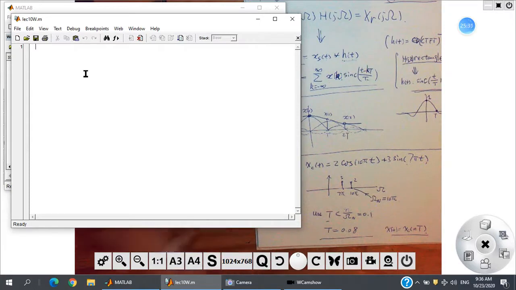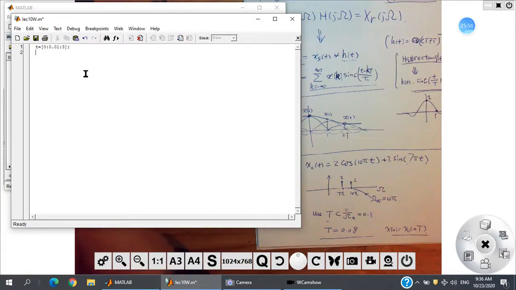Now let's work on it. Firstly, let's see what xc is. I use a t that runs from, it doesn't matter, 0 with a step to like 3. Yeah, hopefully it works.